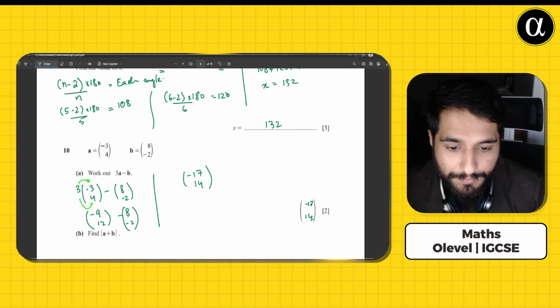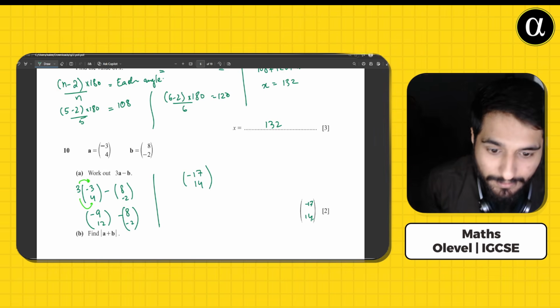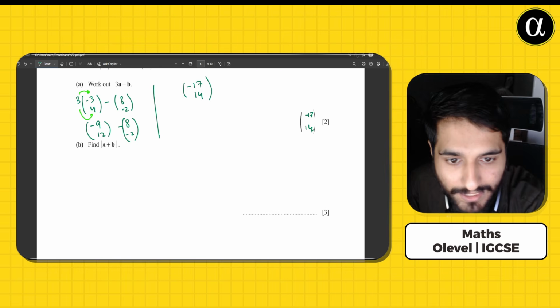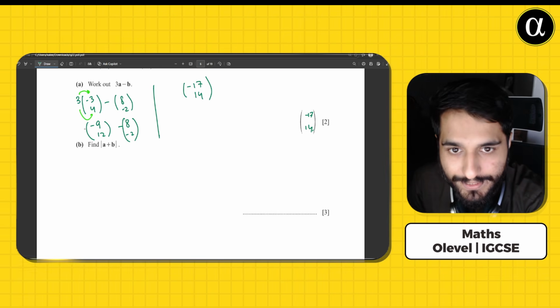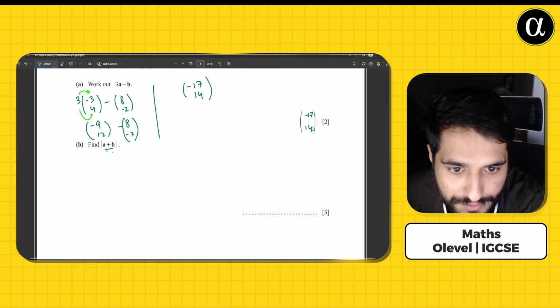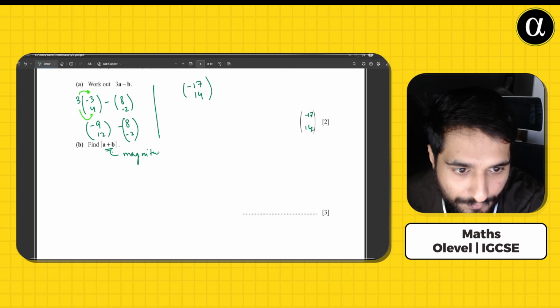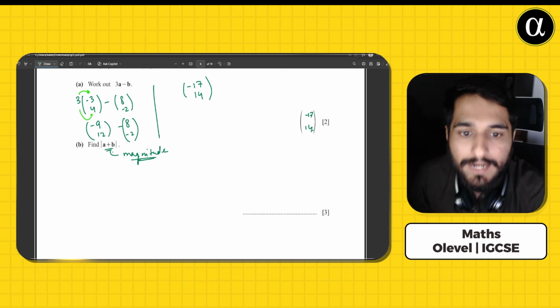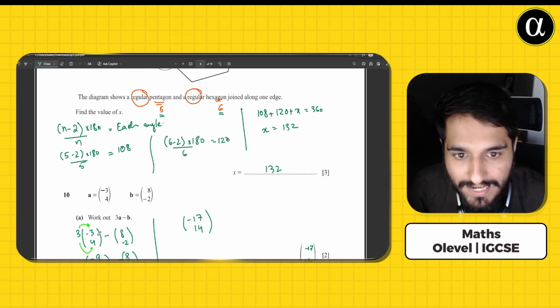Now question 10b says that we're supposed to find a plus b, with a modulus sign before and after. Whenever you see this, it means the examiner wants you to find the magnitude of these vectors. How can you find the magnitude? Let's do it real quick. First, we'll add a and b together.